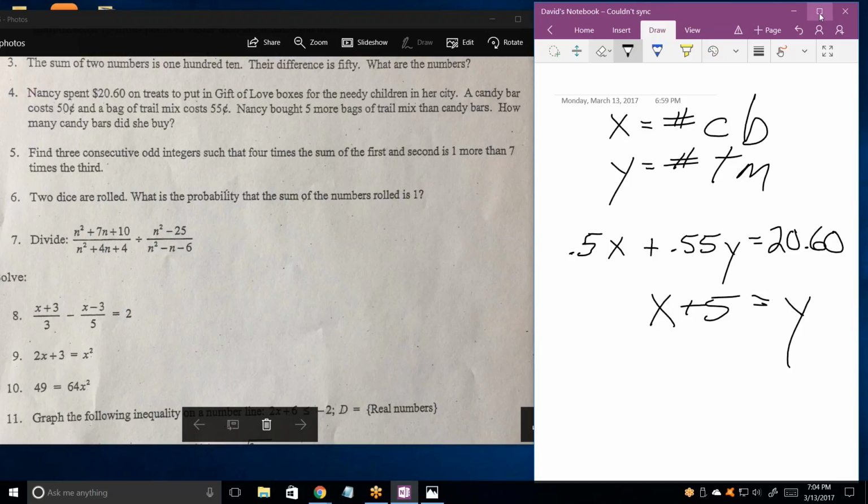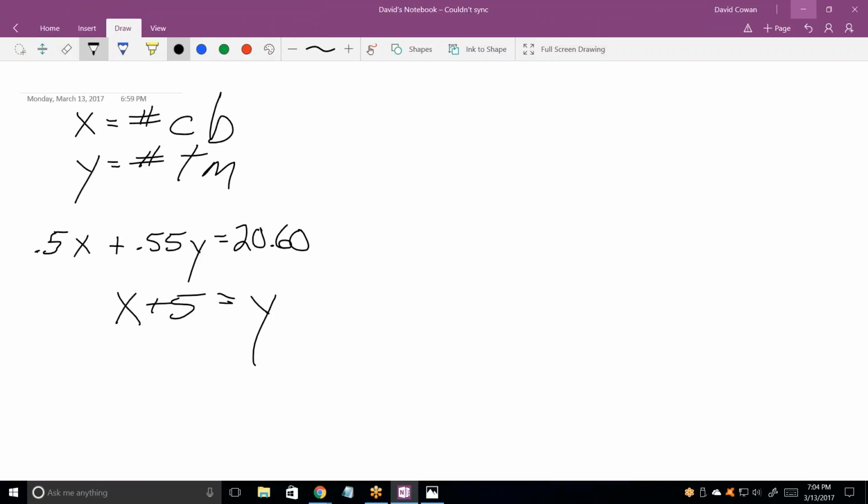Now, I again have 2 equations, 2 unknowns, but this one is easier to solve by substitution because I have one equation that's fully solved for one of the variables, Y. So I'm going to go into the first equation, and wherever I see Y, I'm going to write X plus 5.